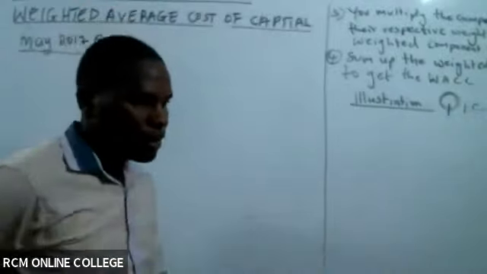Upendo Limited's existing capital structure is given as follows. Ordinary share capital, 20 par value, 20,000. Reserve. 10% debenture, 100 par, 10,000. 8% preference share, 20 par, 15,000.